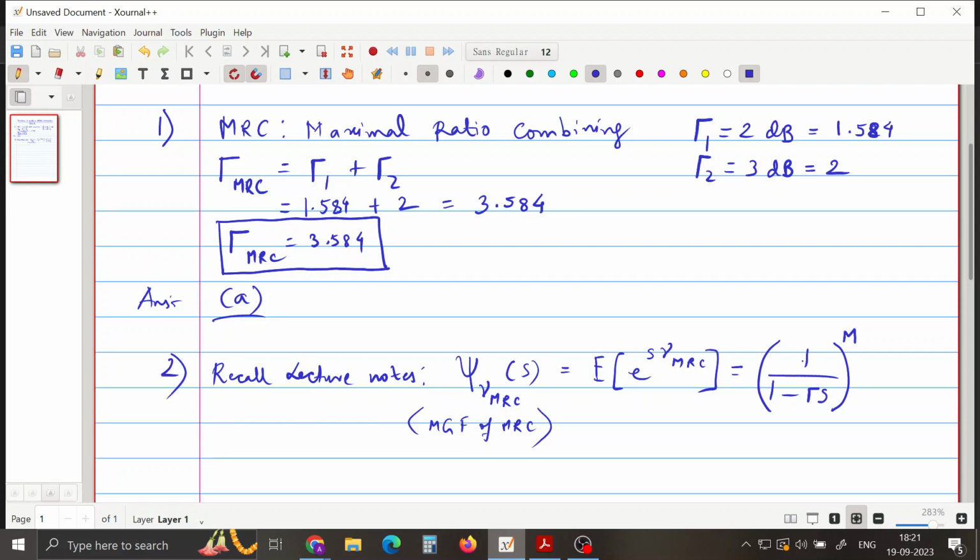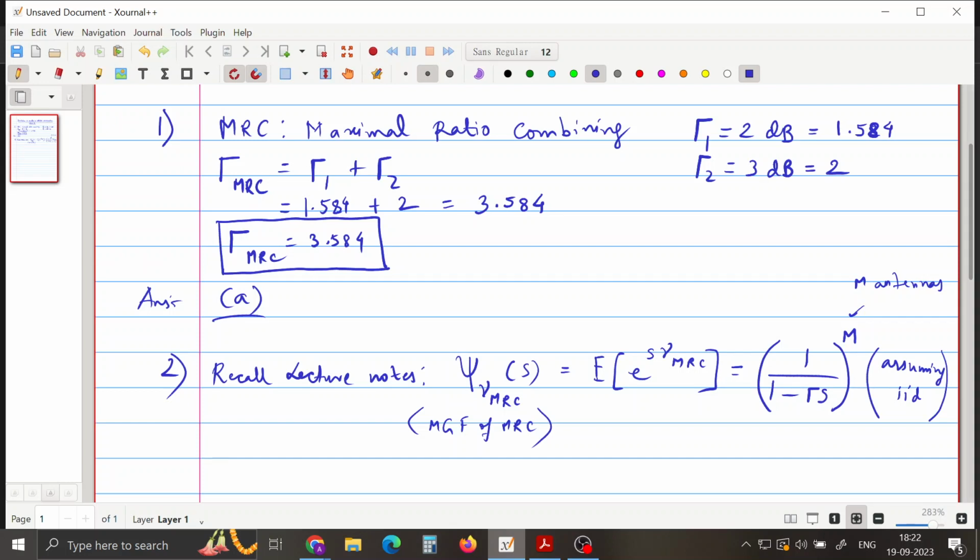right? Remember, this is basically for M antennas, and we are essentially assuming that they are IID, independent, and we are just taking the product.